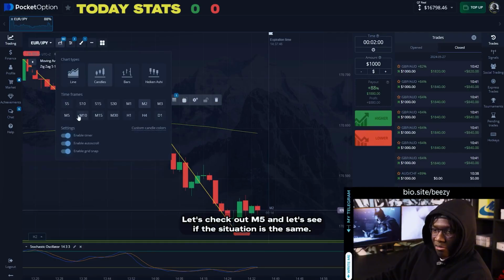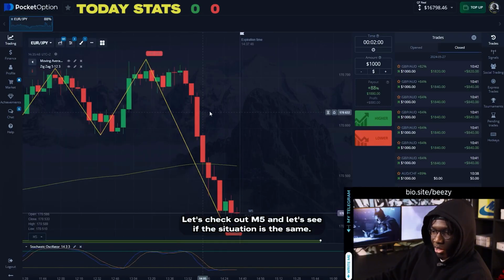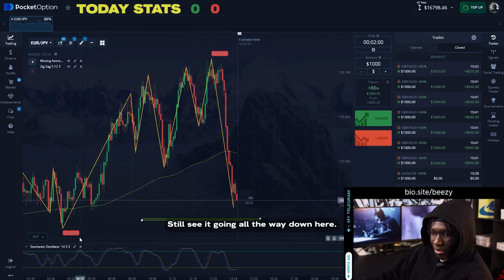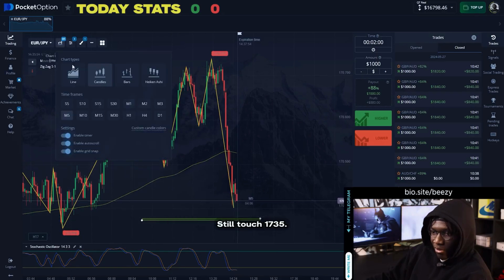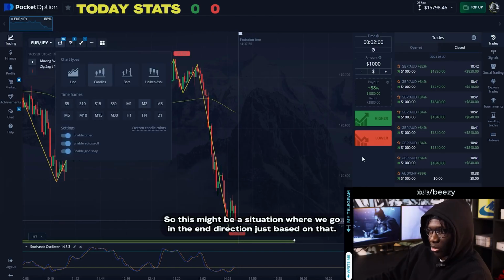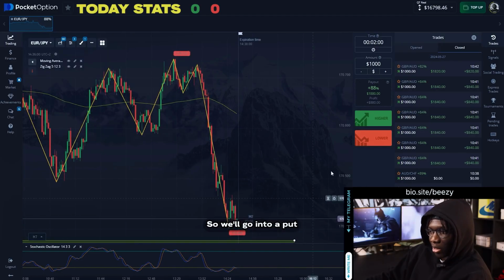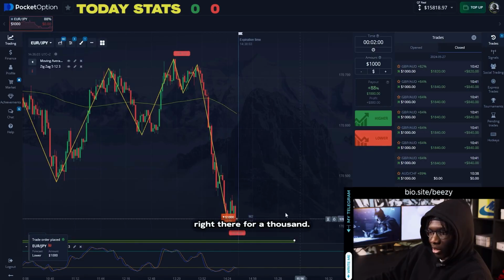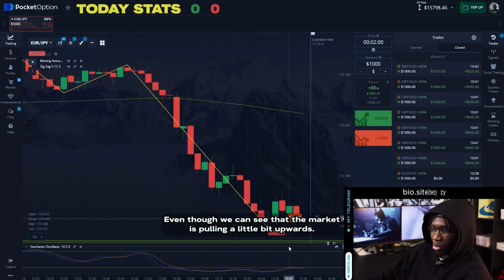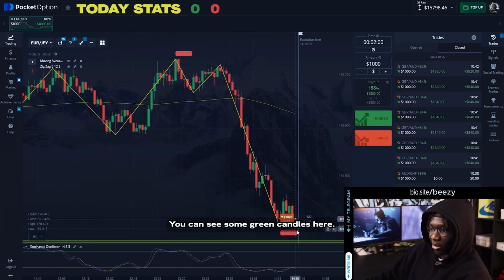Let's check out M5 and let's see if the situation is the same. We still see it going all the way down here. It still hasn't touched 173.5. So this might be a situation where we go in the other direction just based on that. So we'll go into a put right there for 1,000. Even though we can see that the market is pushing a little bit upwards, you can see some green candles here.